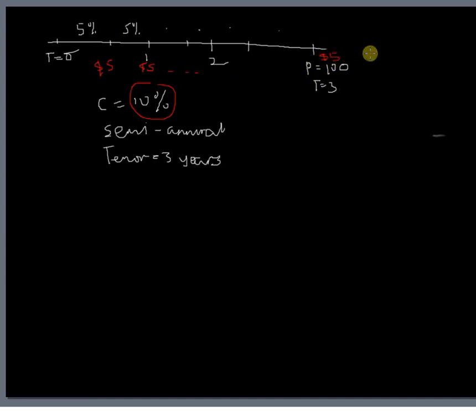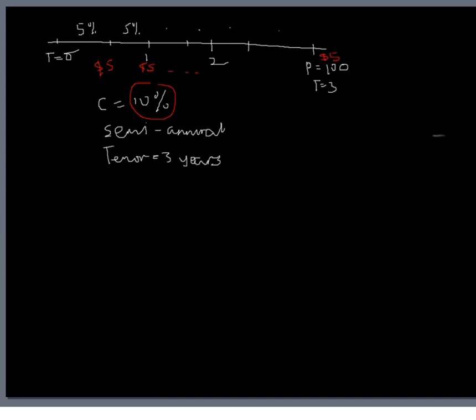And the next element that we need to value is the par amount that we'll be receiving at the end of the maturity of the bond. So once we manage to value these two amounts as at the current day, as at t equals 0, and add them together, basically we have arrived at the value of the bond.